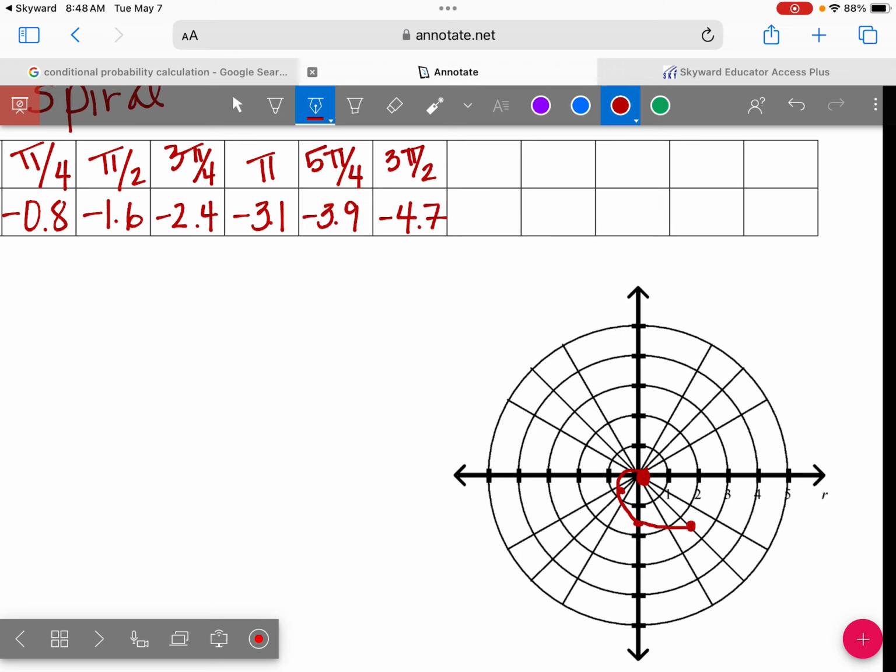And then at pi, right at that third ring, we're going to put our point. And then 3 pi over 2 is almost at the 5th ring. 1, 2, 3, 4, 5. So it really doesn't take a lot of points. And it keeps going now. But that would be your spiral.